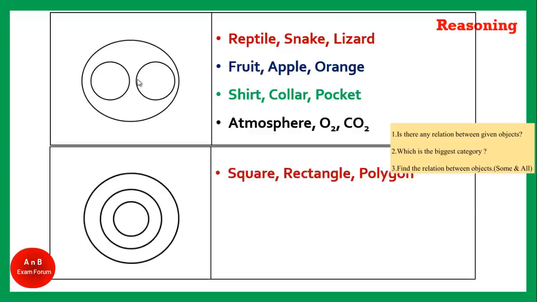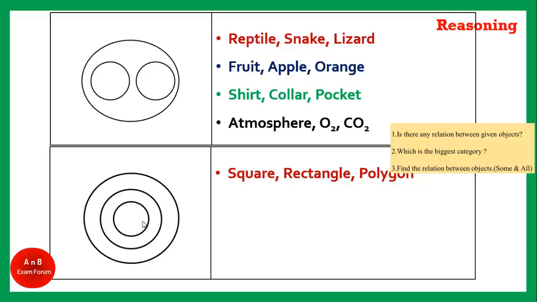You have to find the relationship between square, rectangle and polygon. Yes, all are polygons, that is for sure. All squares are also rectangles, but all rectangles cannot be squares. So the biggest circle represents polygon, and the second inner circle represents rectangle, and all squares are rectangles. Mathematically, a square has 4 sides.